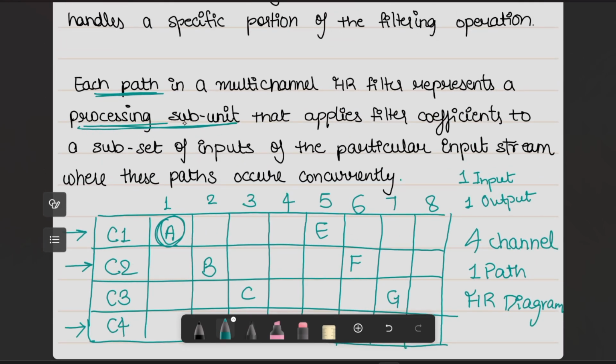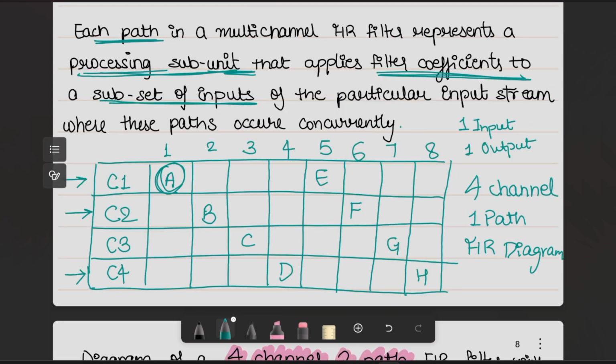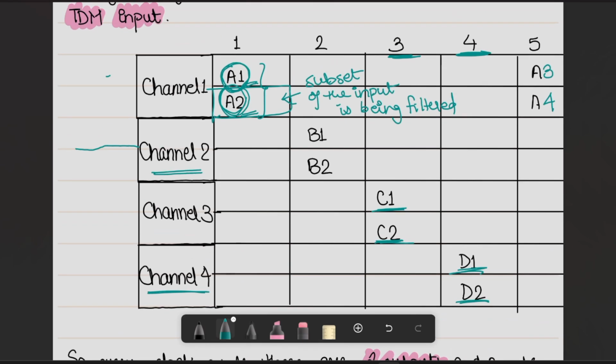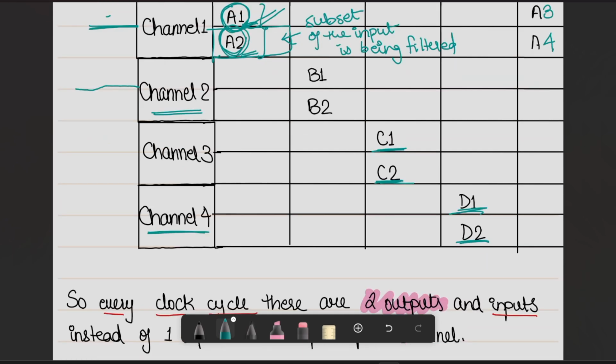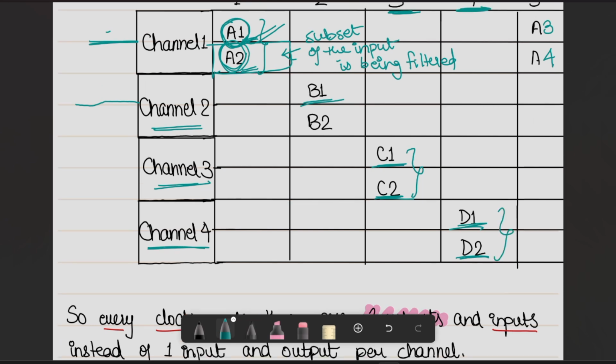That is what this particular line says. It applies the filter coefficients to these subset inputs of only one particular stream. So channel 1 will process all the A inputs, channel 2 will process the B inputs, channel 3 will process the C inputs, and channel 4 will process the D inputs.